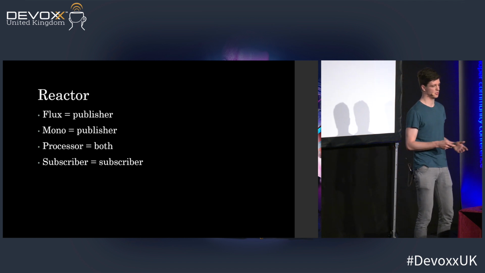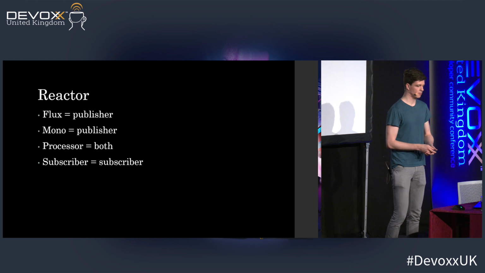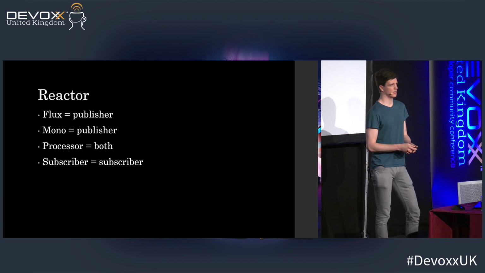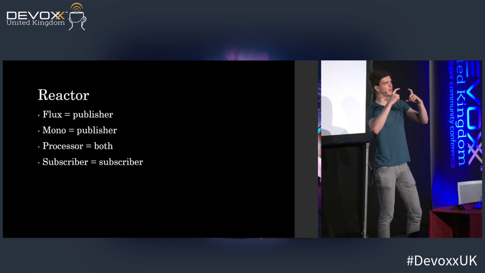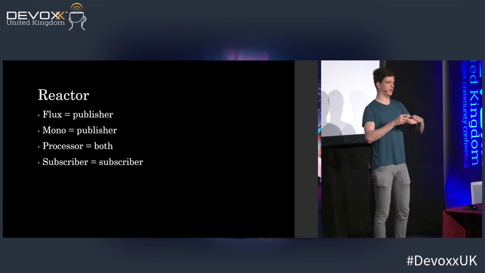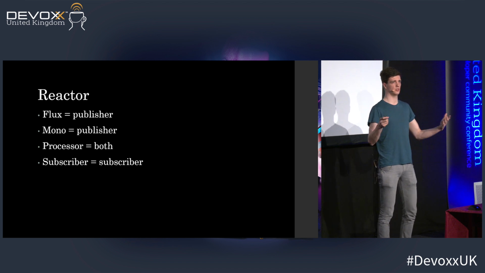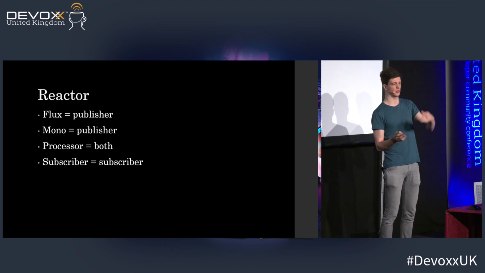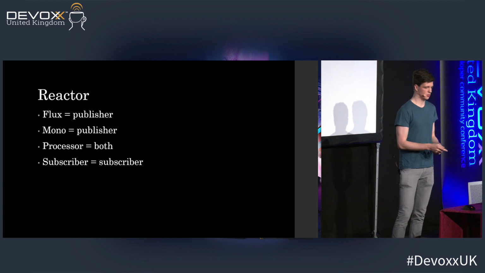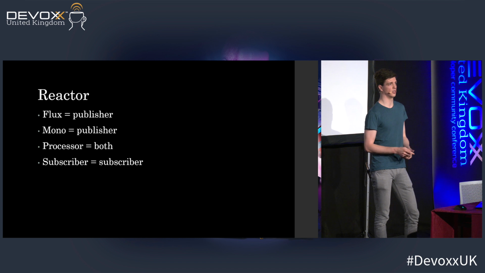So it's a publisher, but it only returns one event, and then it's done. A processor is a sort of an in-between block. It's sort of both. It can receive events, and it can pass them on to different streams. It's what you use to do stream manipulation. So if you join or you merge or you split, it's what you would use. And a subscriber is a subscriber to your orchestra, is a listener.